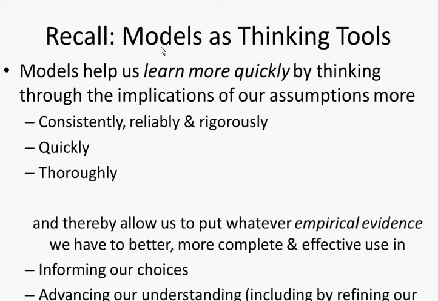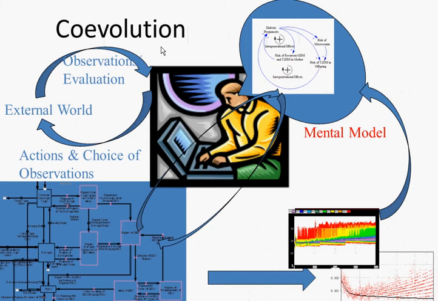And this puts this evidence to bear for informing our choices and our understanding in terms of refining our models, which data to collect, which intervention to undertake. So there's this vision of the modeling process as something which involves a model, here shown as a system dynamics model, that produces output.